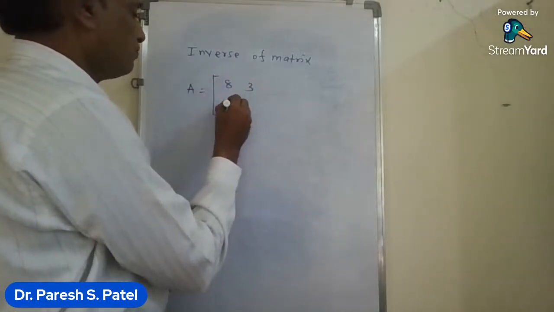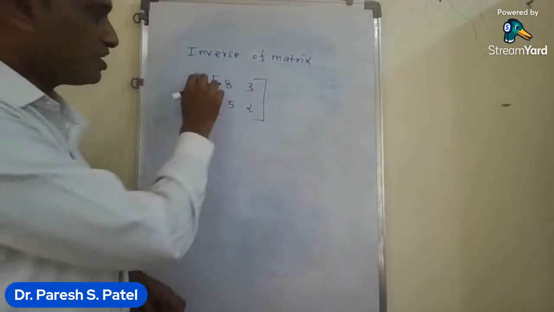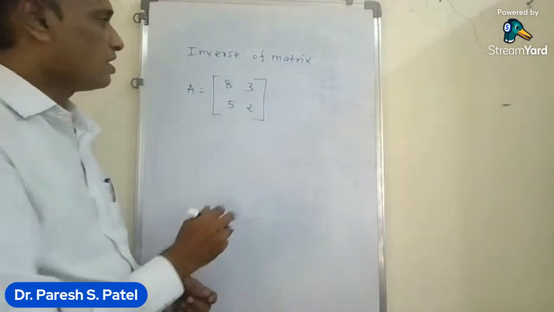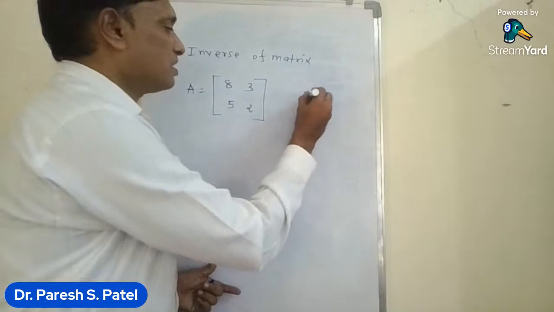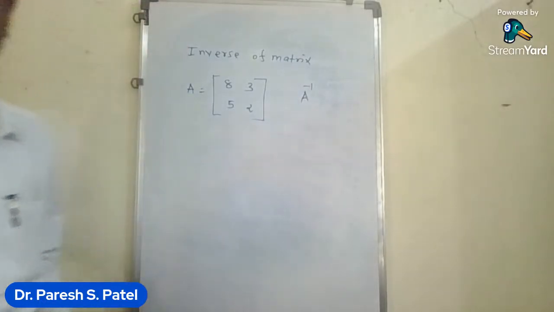The dimension of this matrix is 2. Why? Here, the number of rows is equal to 2, the number of columns is equal to 2. Now, the inverse can be represented as A inverse. Okay, how to find out the inverse for the two-dimensional matrix?